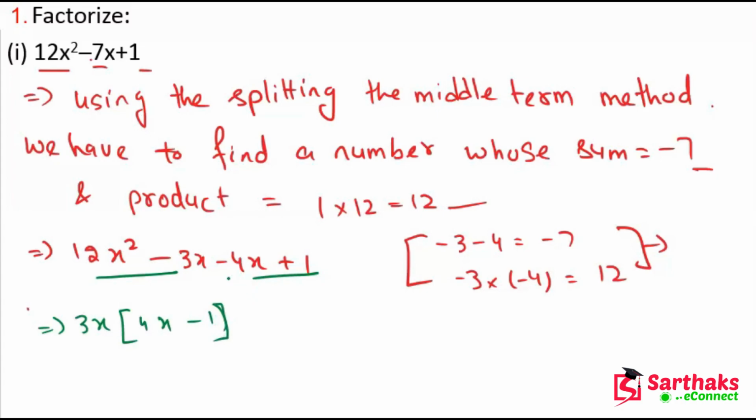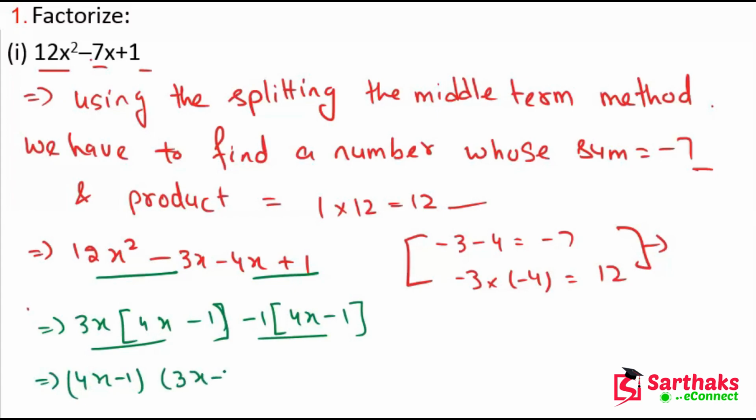In the other two terms there is no common, so we are taking minus 1 as common. So we get 4x minus 1. Now we have two terms, and we can take 4x minus 1 as common. So the two factors are 4x minus 1 and 3x minus 1.